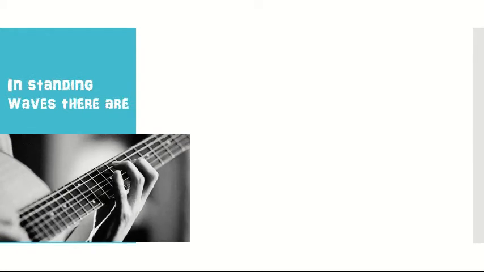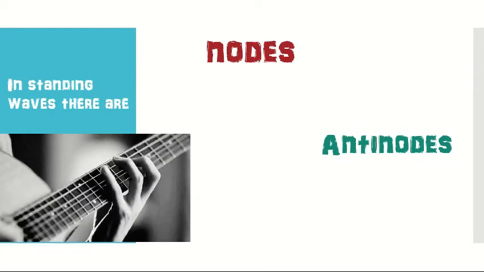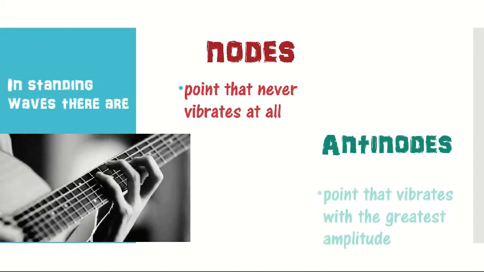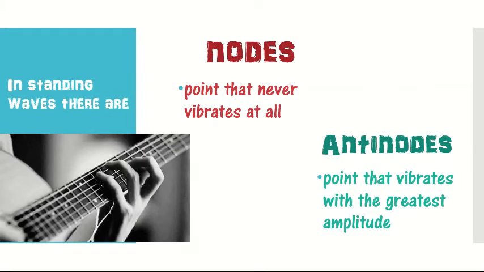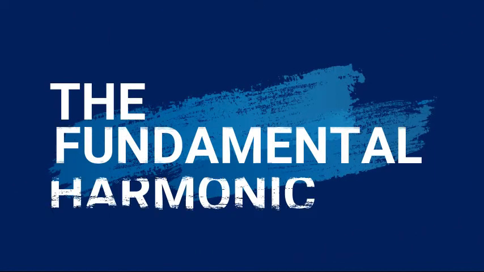In standing waves, there are two terms. The first is node, and the second is antinode. The node is a point that never vibrates at all, but the antinode is the point that vibrates with the greatest amplitude. The fundamental harmonic.